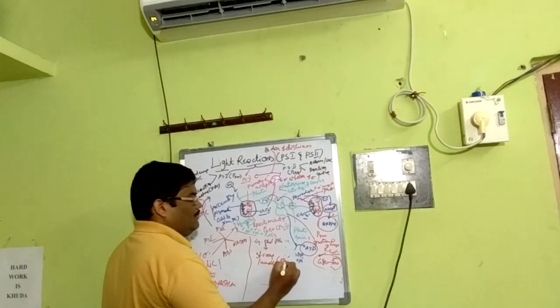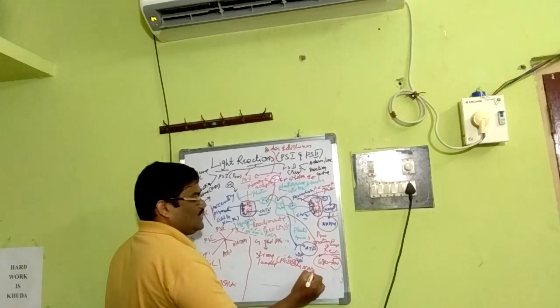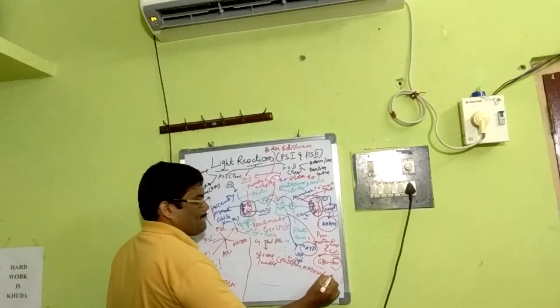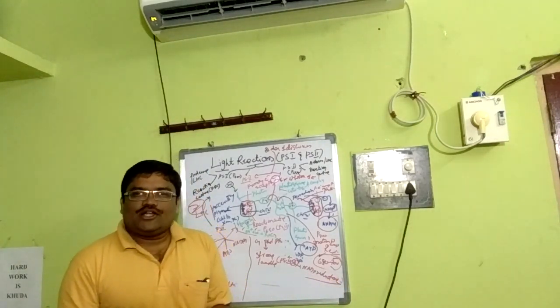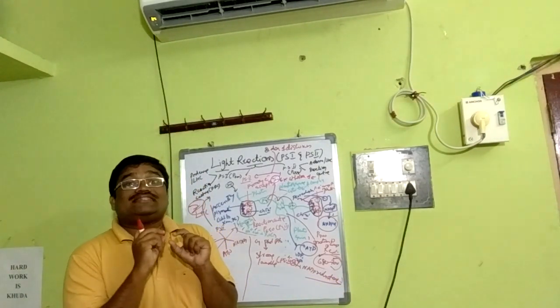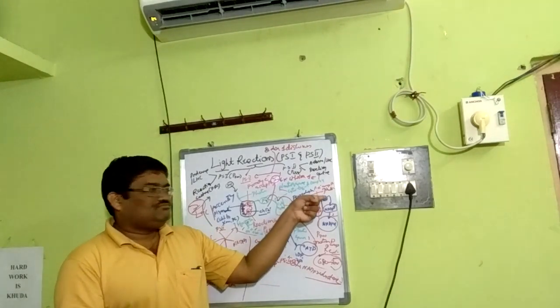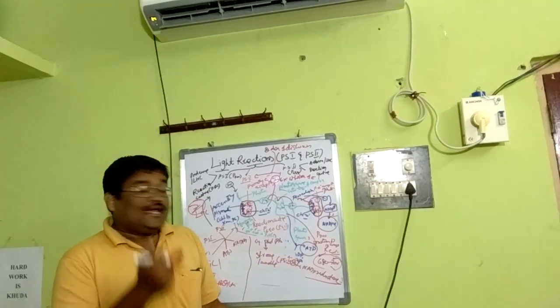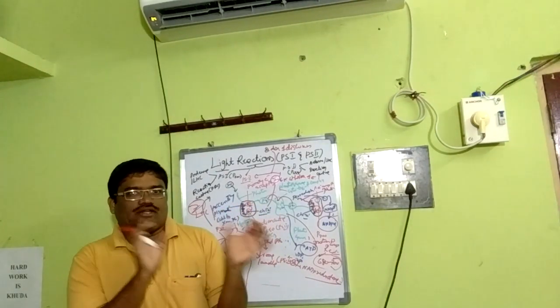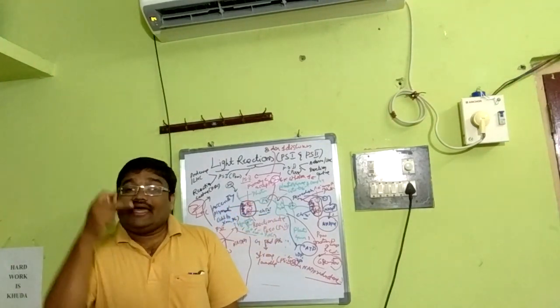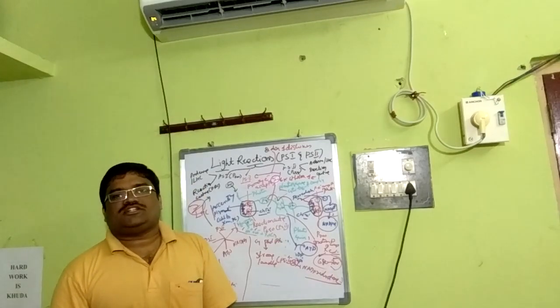Because there is no PS2 and no NADP reductase. Due to the lack of NADP reductase, which can synthesize the NADPH, and no PS2. The stroma lamellae, I told you, connect different grana, that means different thylakoids. There the cyclic photophosphorylation takes place.